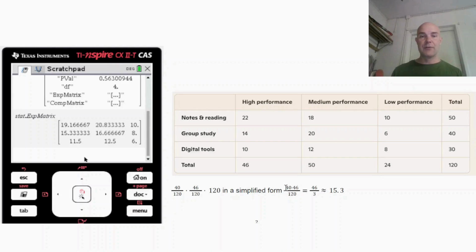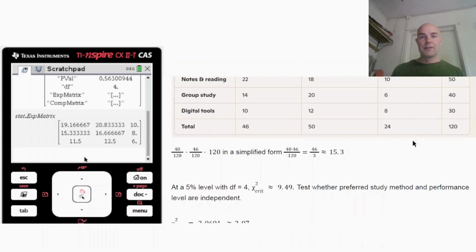So usually the calculation is done this way: total number of students in group study times total number of high-performing students, divided by the total number of students. So that's how you calculate it. That's how you get 15.3. So in a question like this, you would usually need these calculations for a method mark, but at least from your calculator, you will quickly get this 15.3 value.